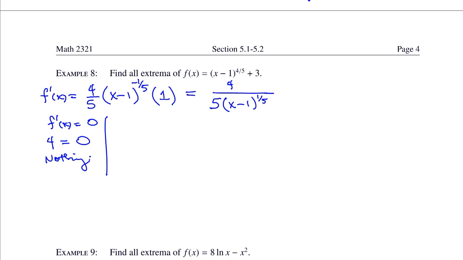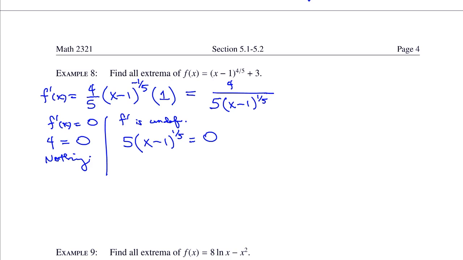On the other side of this, we need to set the denominator equal to 0 to find where f prime is undefined. So this would be 5 times (x minus 1) to the 1/5 is equal to 0. Is it still positive? It's still positive because we're taking the denominator as a whole.